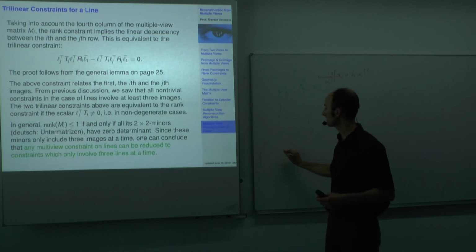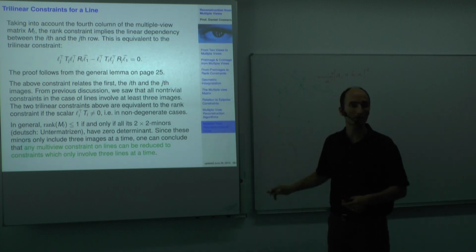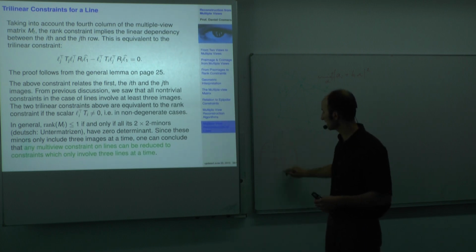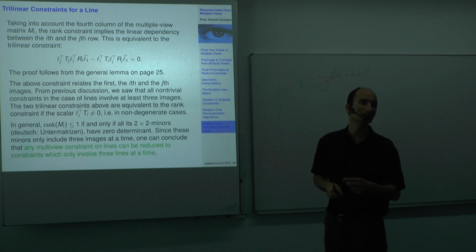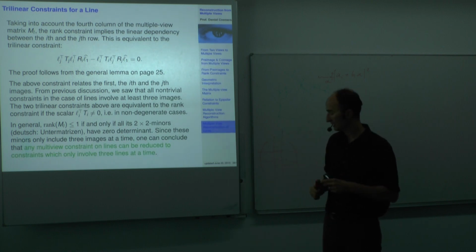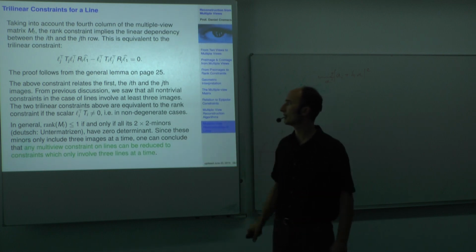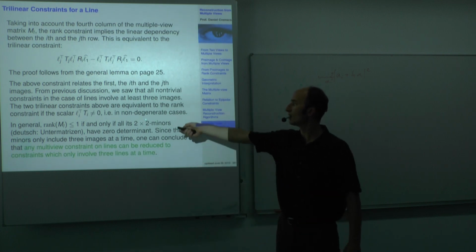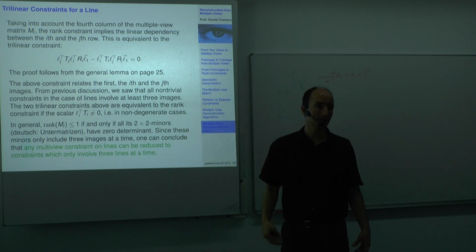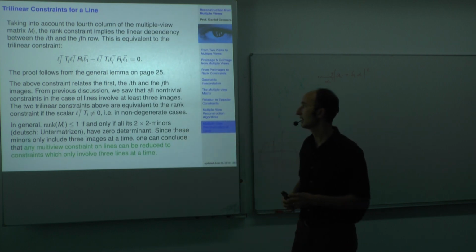Let's say you have some matrix with a number of rows and columns, and then you cancel out a lot of the rows and columns such that only a 2x2 matrix remains. The statement that the full matrix has at most rank 1 is equivalent to saying all possible 2x2 submatrices or minors have zero determinant.